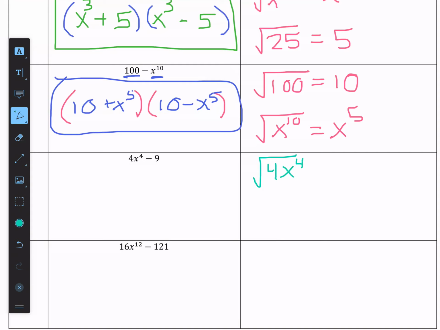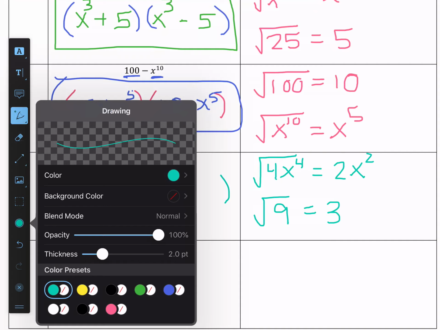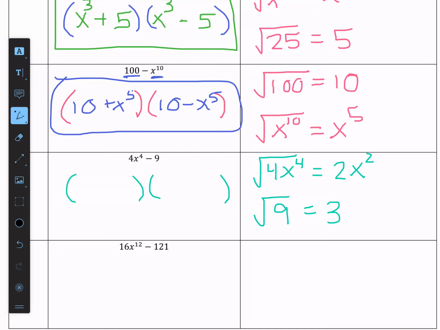All right. Let's look at number, what is this? Number 10, I think. Can't see the number. Yep, number 10. So 4x to the 4th minus 9. The square root of 4x to the 4th is equal to 2x squared, because the square root of 4 is 2, and the square root of x to the 4th is x squared. Now the square root of 9 is equal to 3.